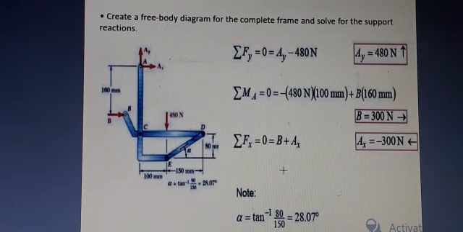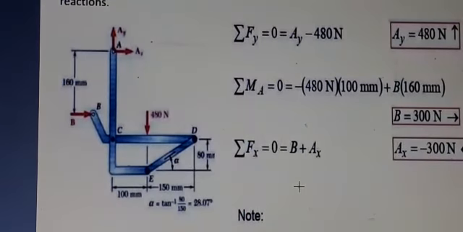Next, apply the second condition of equilibrium, the condition of moment. Apply the moment about point A. This gives the equation minus 480 into 100 plus B into 160. This equation gives the value of reaction B, that is B equal to 300 Newton in the rightward direction.